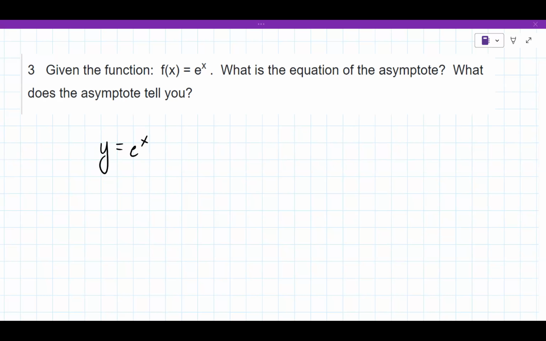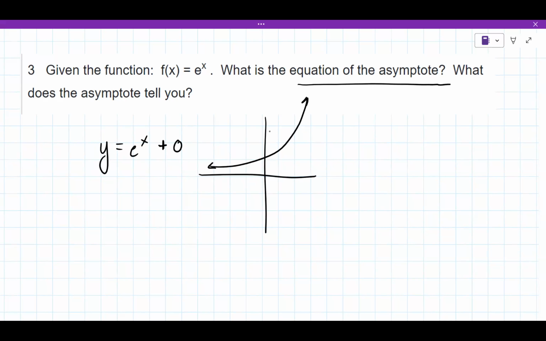This graph curves again. It looks something like this, right? It goes up. So this has a +0, even though it's not written. That is the equation of the asymptote, but more specifically, you want to say the horizontal asymptote is y equals 0.